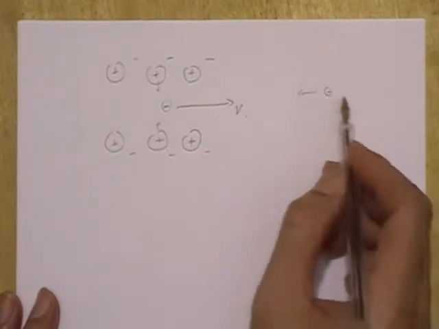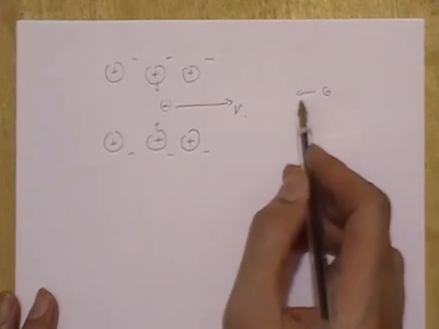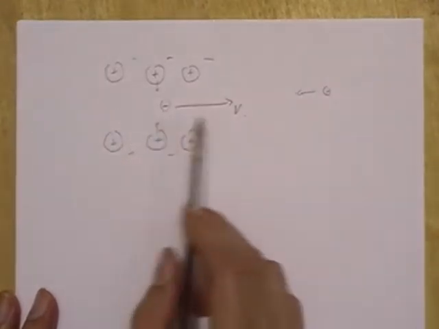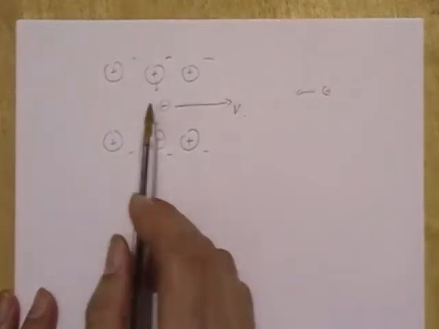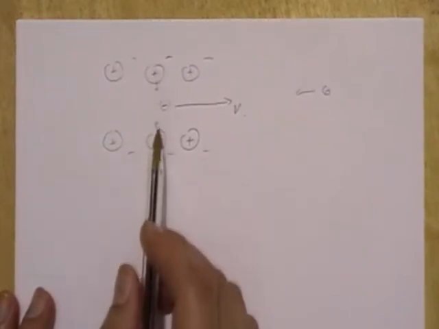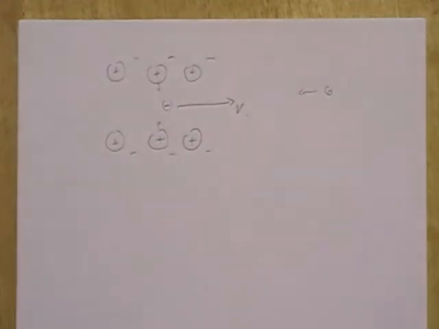If this electron happens to be moving along close to the same path as the first electron, it will experience the attraction of these two positive ions as they move slightly closer together. So that's the idea.